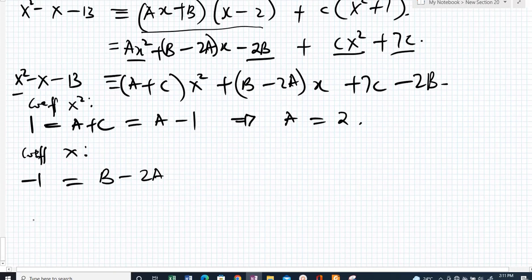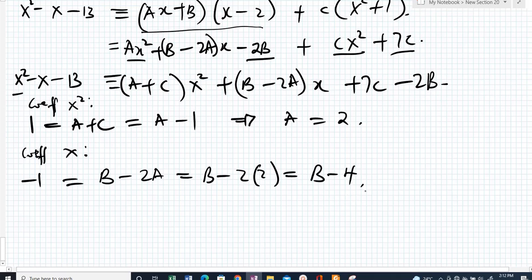So we have gotten a equal to 2, so substituting a equal to 2, you have b minus 2 times 2, so this will give you b minus 4.